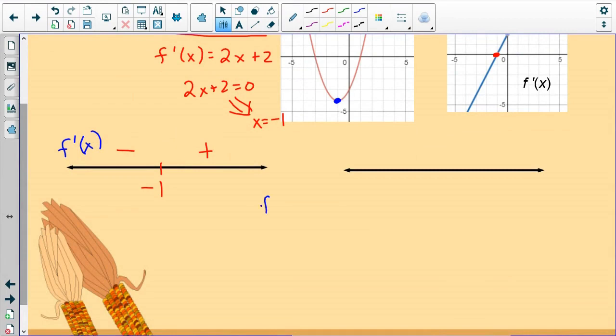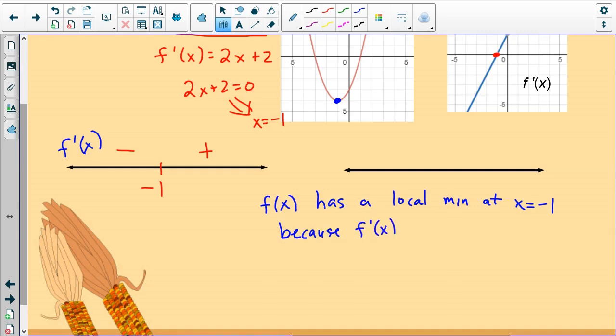So if you want to say f of x has a local minimum at x equals -1, you have to indicate because f prime of x changes from negative to positive at x equals -1.